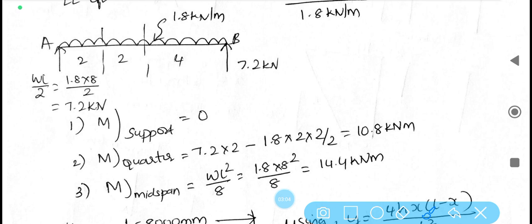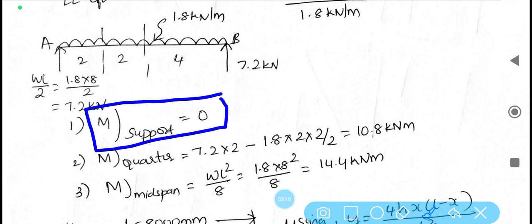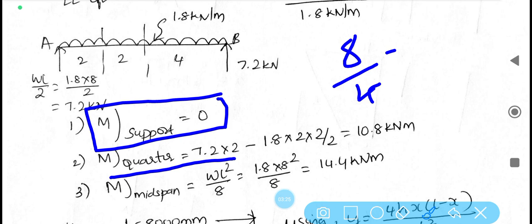Here we know that for a simply supported beam, bending moment at the support is always 0. It may be due to the presence of the hinge, roller or simple knife edge support. And let us calculate the same thing at the quarter span. Quarter means the total span here is 8, 8 divided by 4 means 2.